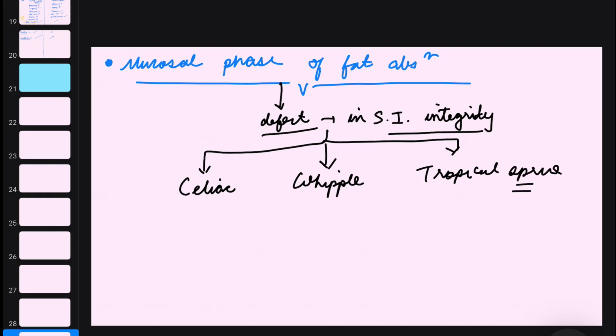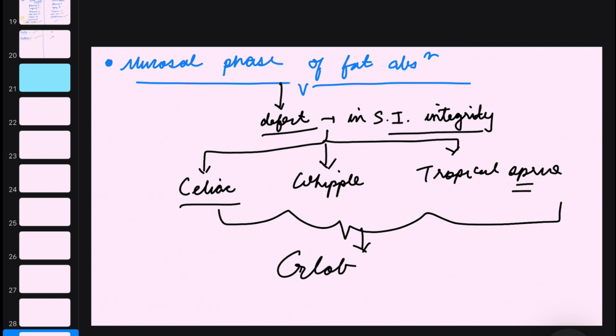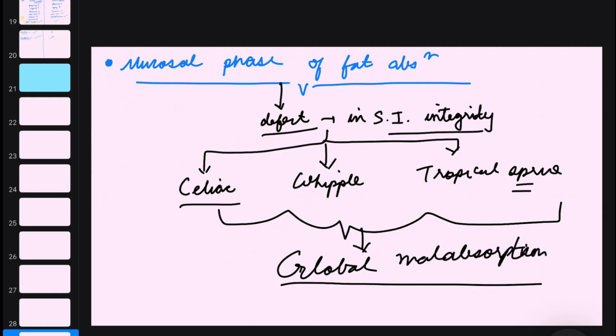These 3 together form the basis for what we say to be global malabsorption, and we will have a detailed discussion in a later video on each of these individual topics, because they are very, very important.